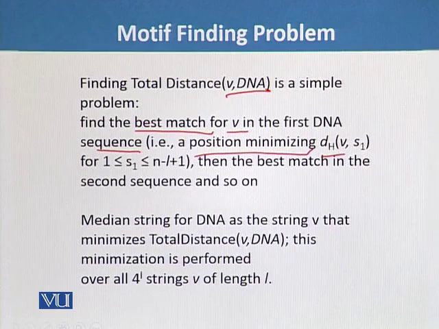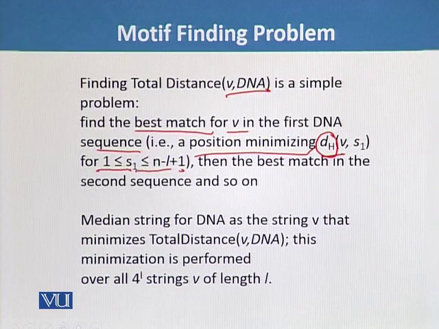It means the differences between the two elements in the two strings must be minimized. There should be no differences. If there are no differences, then the Hamming distance will be minimized, and that will be minimized for 1 less than or equal to s1, and s1 less than or equal to n minus l plus 1.